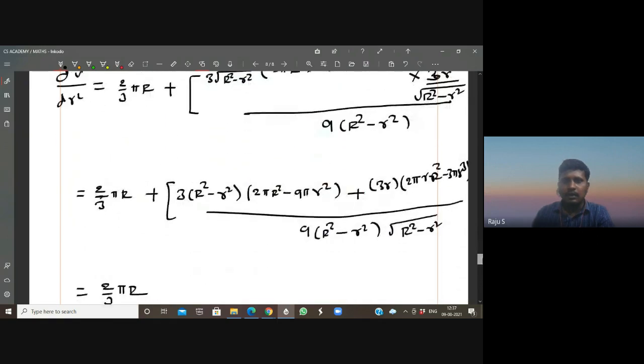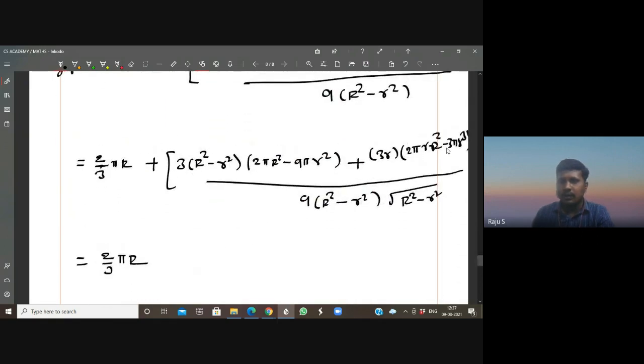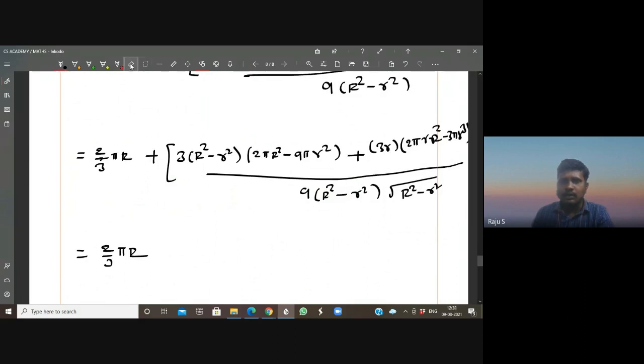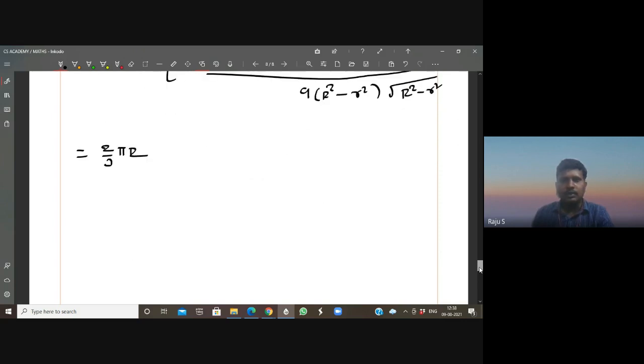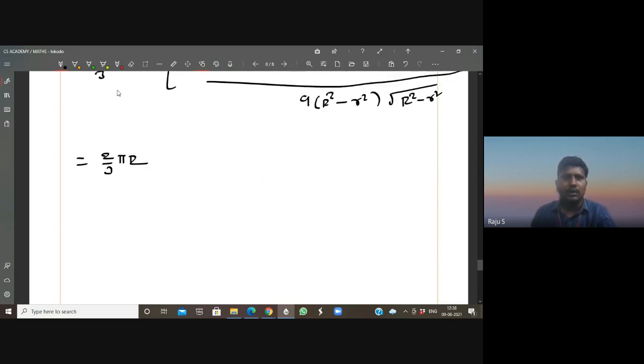At that point we need to check here. When I multiply this small r inside, we are going to get r square whole power 4. Right. Now we have to check this value at the critical point.